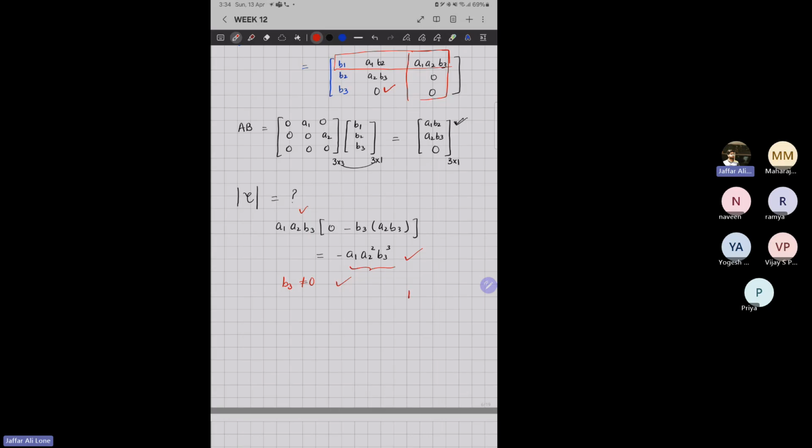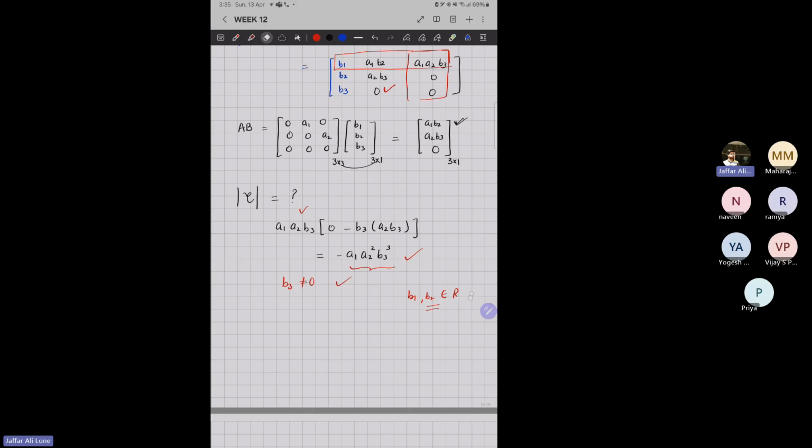So you can write it like this: B1, B2 belong to R. They can take any value, they can take 0 as well. There's no problem with that. But B3 cannot take 0, right?